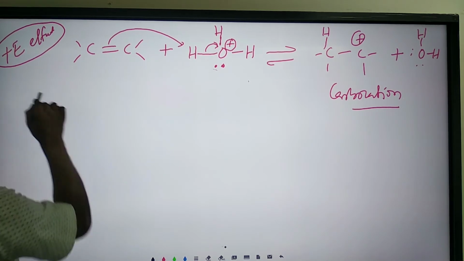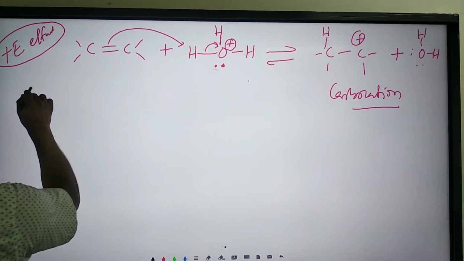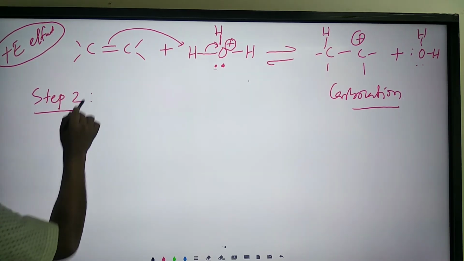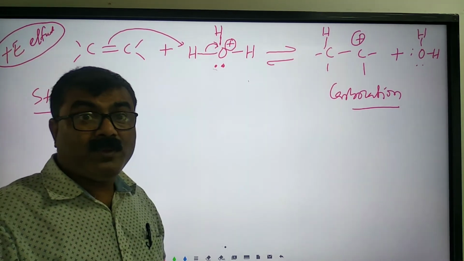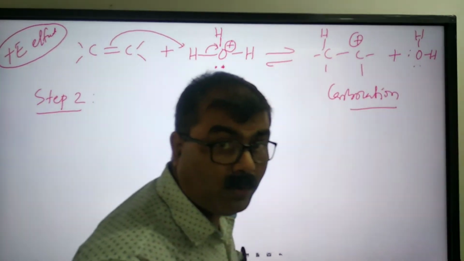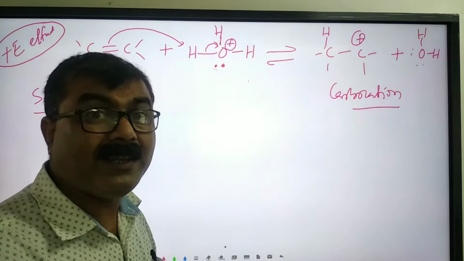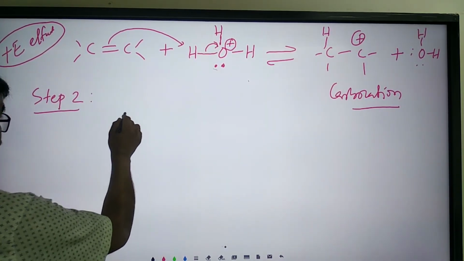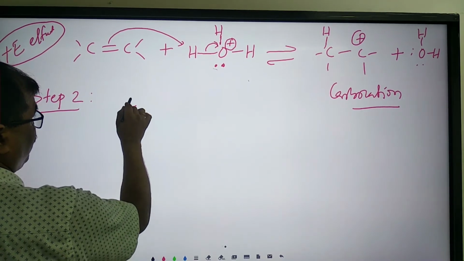Step 2 is very easy. What is step 2? Step 2 is the nucleophilic attack. Again, water is a nucleophile, we know. It is a Lewis base, or you can say it is a nucleophile. Nucleophilic attack on the carbocation. Again you got a carbocation.